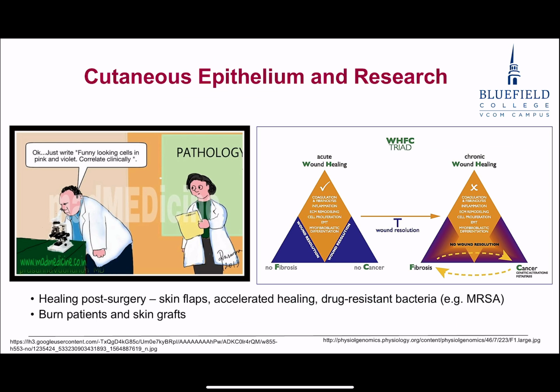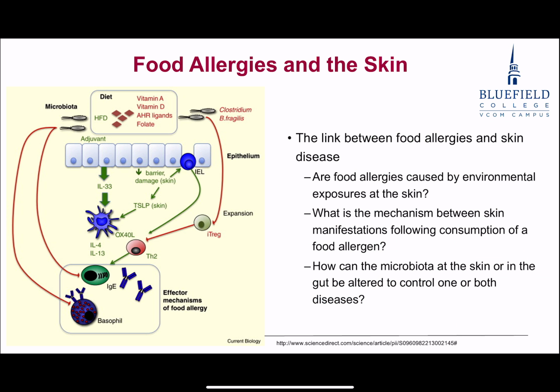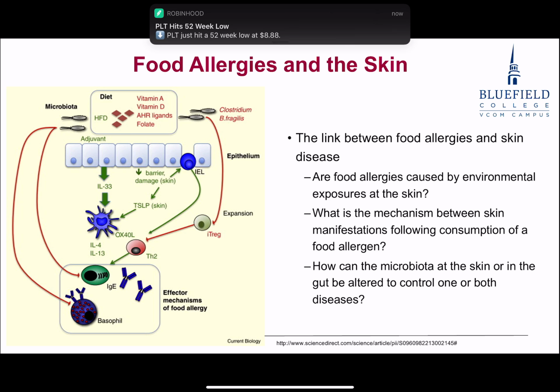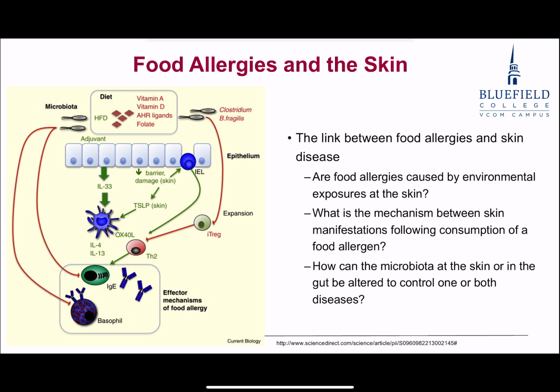Food allergies in the skin, we talked about in the last hour. Is our inappropriate, maybe, delivery of these food allergens on the skin of those babies now resulting in food allergies when they start eating that food, because their skin cells have been taught that this is what we need to tolerate, that coconut oil moisturizer or whatever it is? But then when that food is consumed, because it's already tolerized here on the skin, the immune response now says, all right, this should not be in the gut.